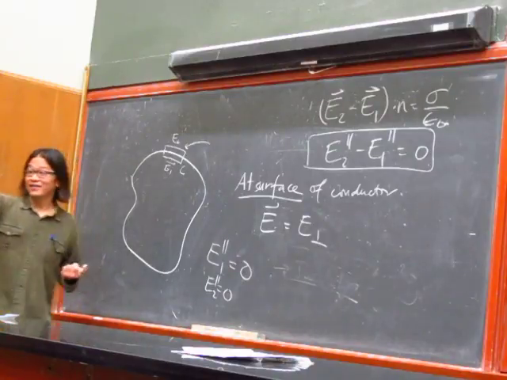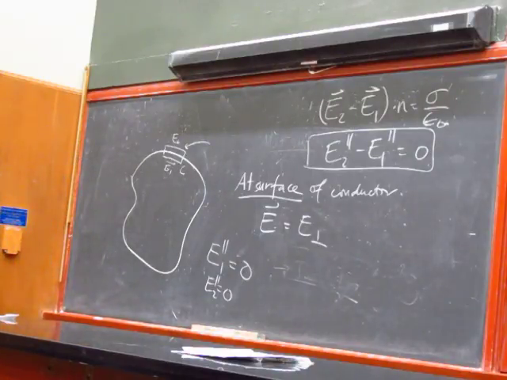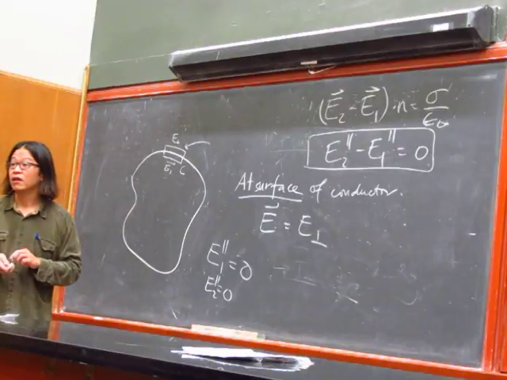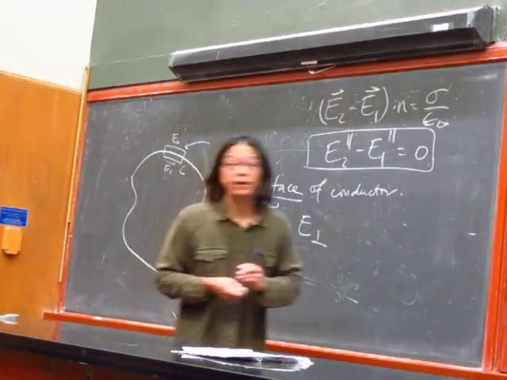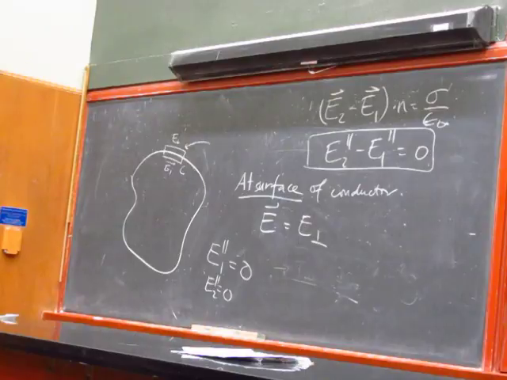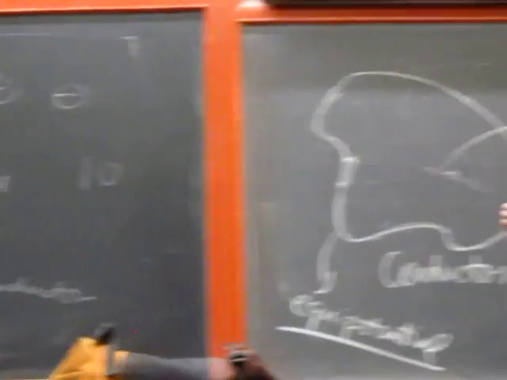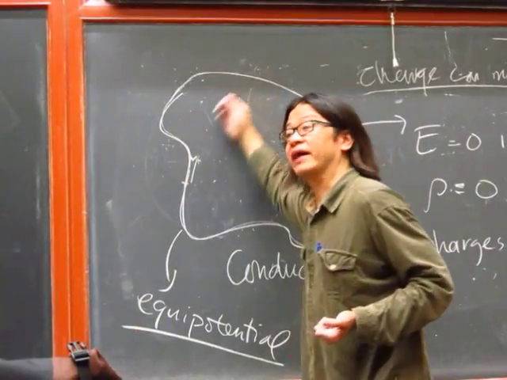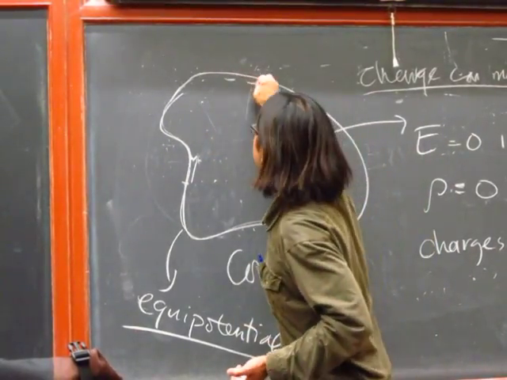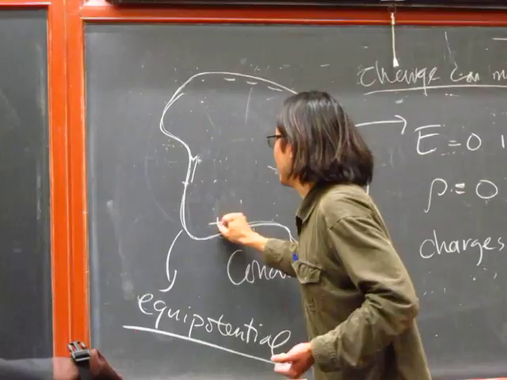Just to be clear, that conductor is a conductor with excess charge, or neutral. If it's neutral, can there be net positive charge inside? Well, you can always polarize it, so you can have negative here and positive here.